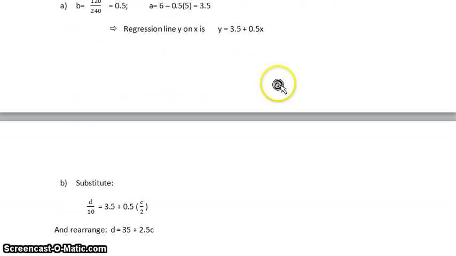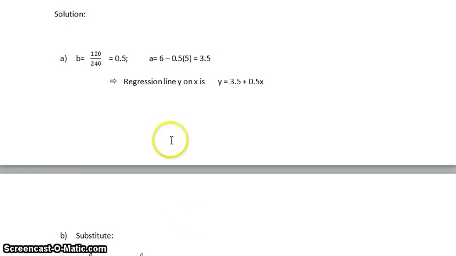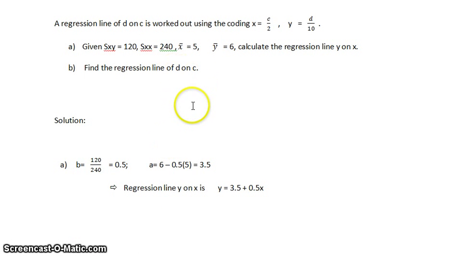And if we do that, we get this equation here, and we need to tidy it up a little bit. What I've done here is multiply through by 10, so we get d equals 35 plus 2.5c, and that's it. That's our regression line for d on c.